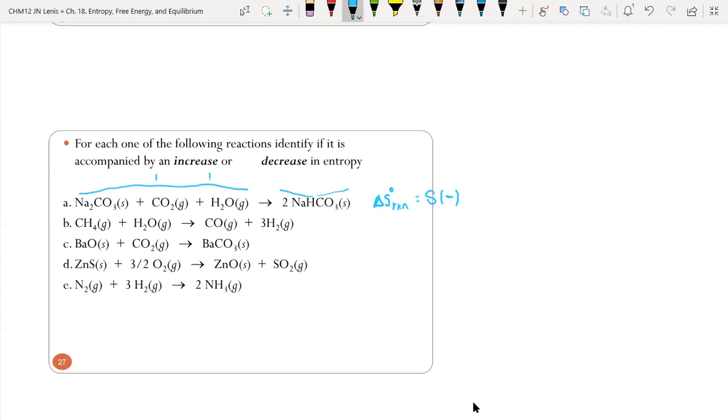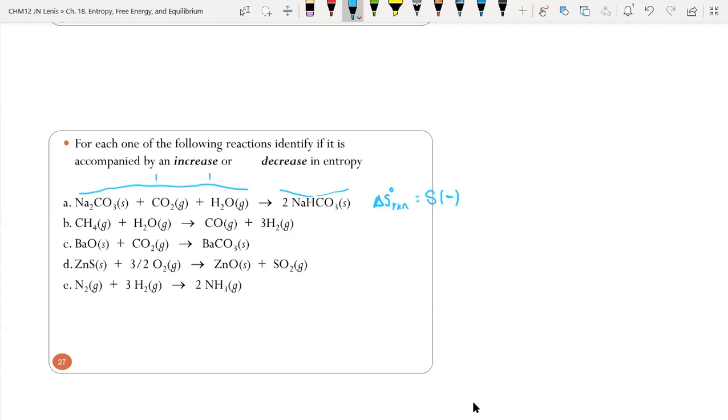So what else can we use to find if the entropy will increase or decrease? Number of particles, right? We know that nature will increase entropy if there are more particles. Here, this is balanced.